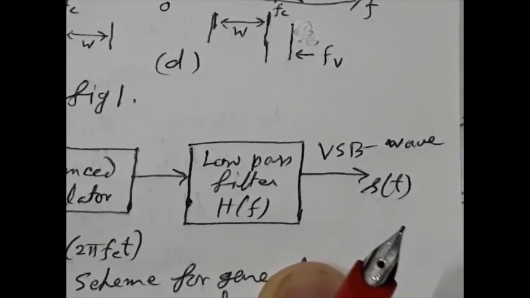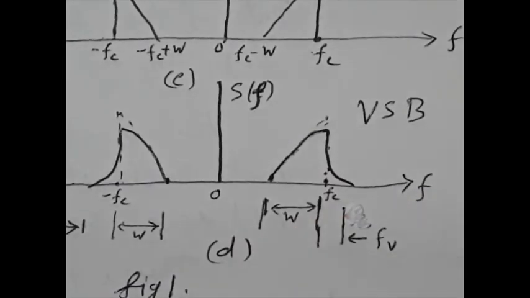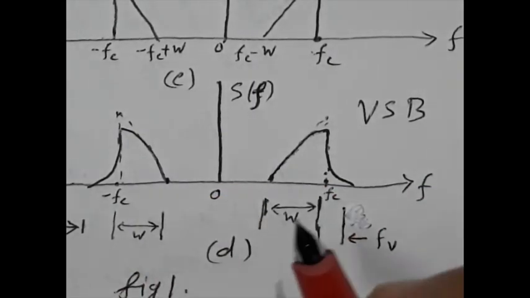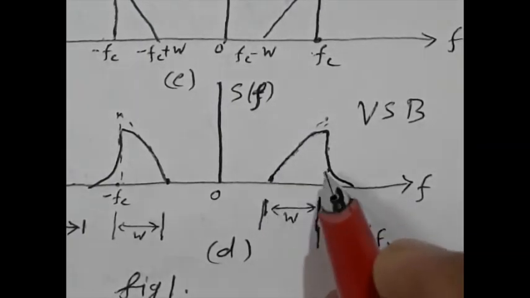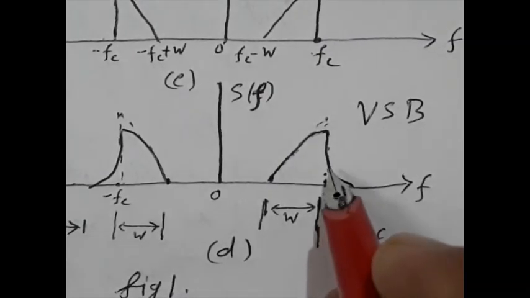Now, to reduce the cost of the receiver for television, what is done? In general, VSB is suppressed carrier, but if we use a suppressed carrier system, then the cost of the receiver would go high. So what we do in television transmission, we transmit a pilot carrier. Along with the original message signal, we use a small pilot carrier, and that pilot carrier does not contain any information.